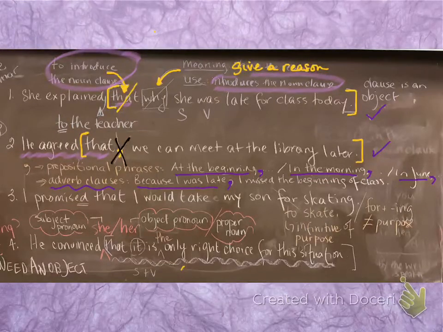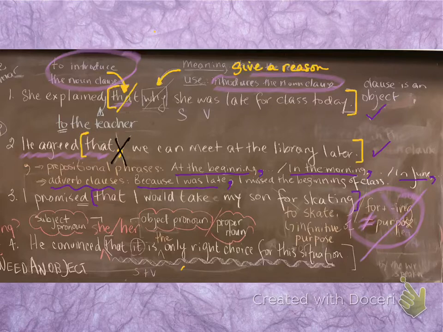All right, number 3. I promised that I would take my son for skating. In class, we talked about this idea of for plus ing, for plus the gerund used for purpose, is incorrect. You can't do it. When we want to talk about purpose, we need to use the infinitive form, to skate.